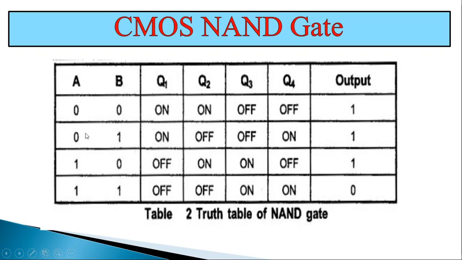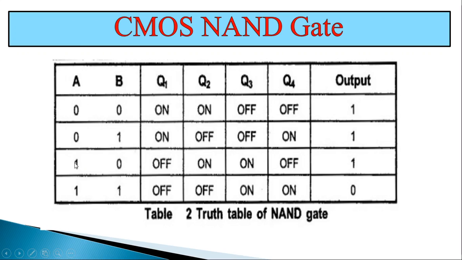Again, when A equal to 0, then it will make the Q1 transistor on at the same time Q2 off. Similarly, A0 will make Q3 transistor off and Q4 on and gives the output 1.